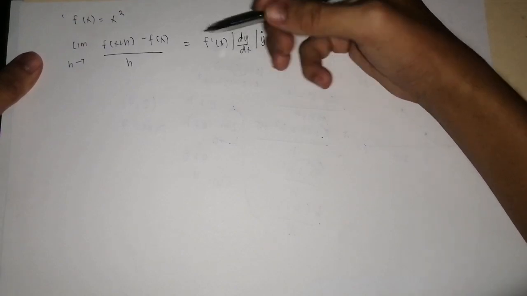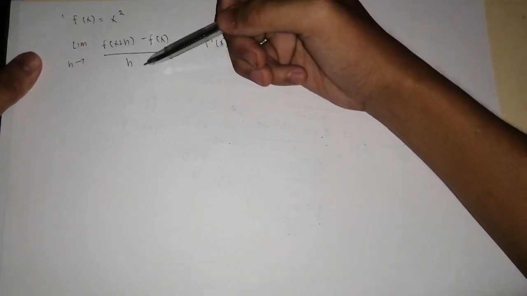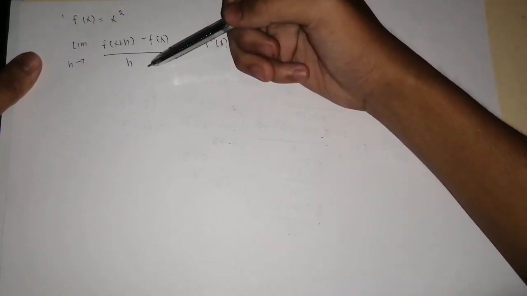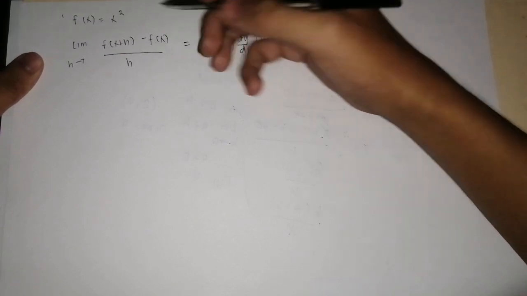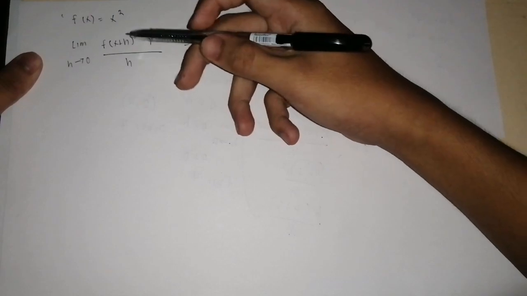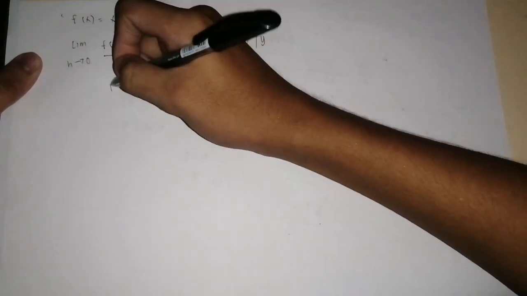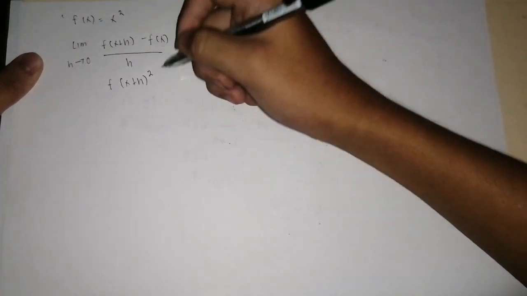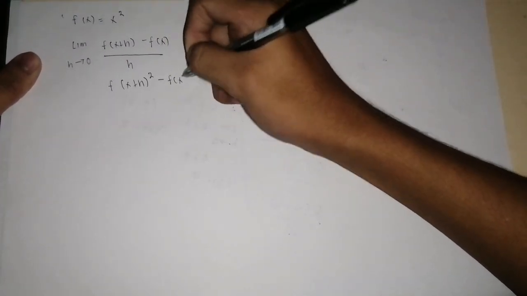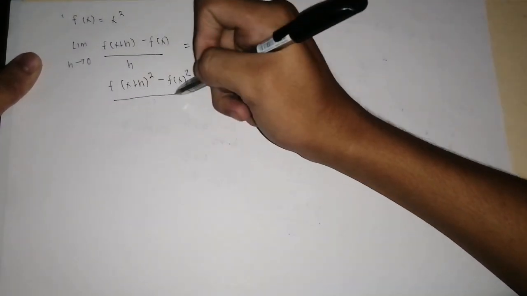So now, paano naman kapag ganito? Wala siyang slope na binigay. Walang x is equal to 3 or ganyan-ganyan. So, pwede natin siyang manu-manuhin. So, substitute lang natin siya. So, f of x plus h squared, dahil may squared dito, minus f of x squared all over h.